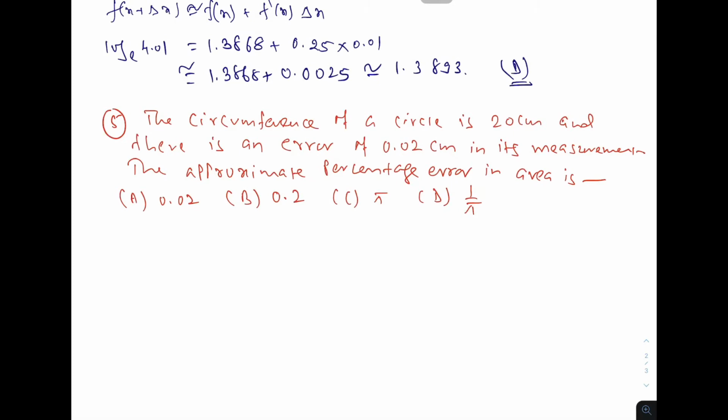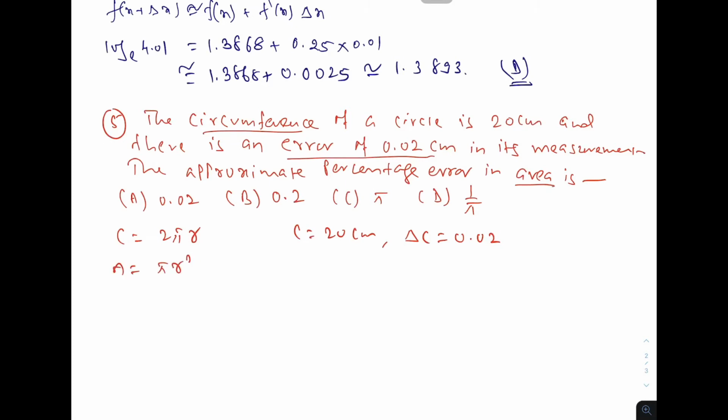So now what is given? Circumference. So circumference is 2 pi r. Circumference of a circle is 20 centimeter, so C is 20 centimeter. There is an error of 0.02 centimeter in its measurement, so delta C is 0.02. Now we want to find out approximate percentage error in area.